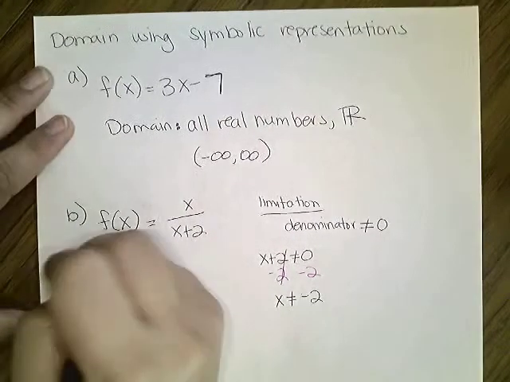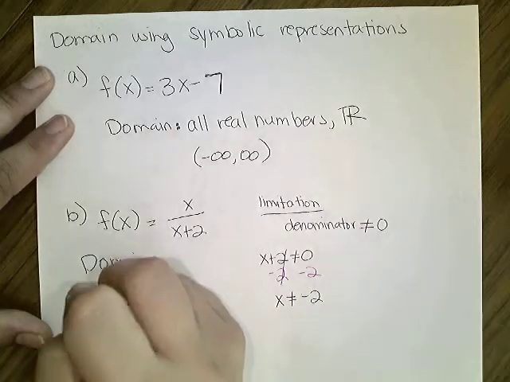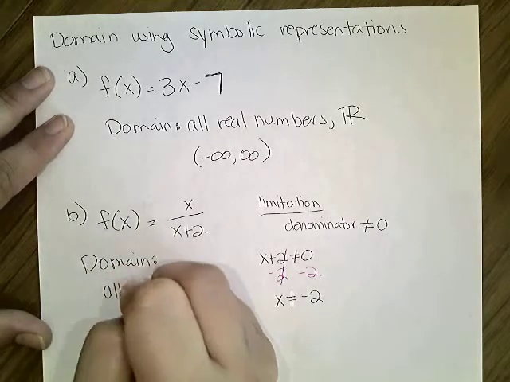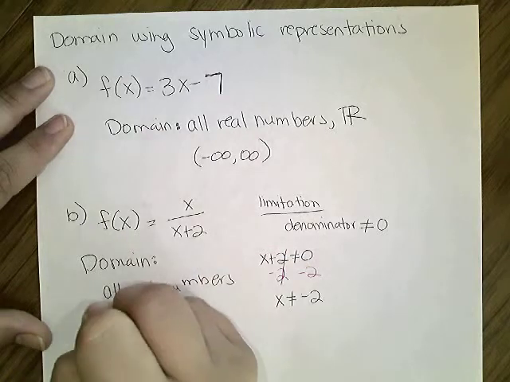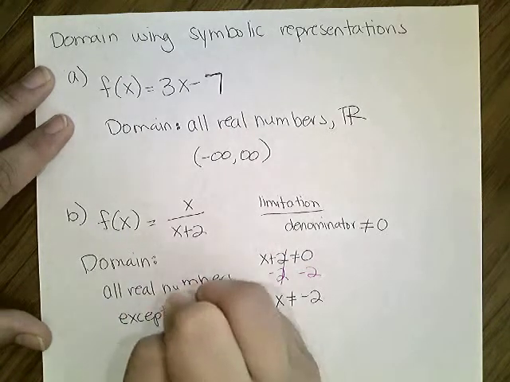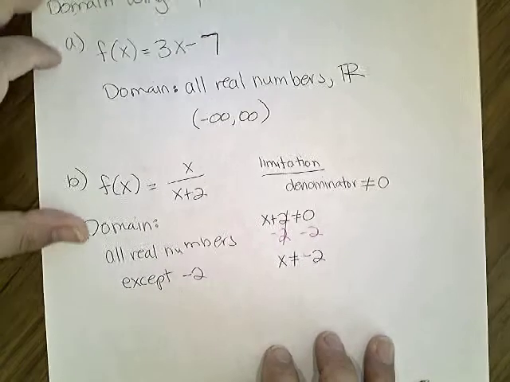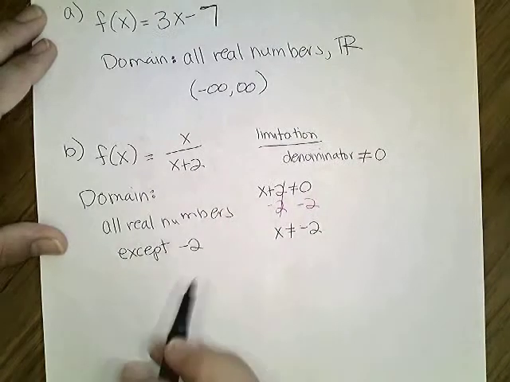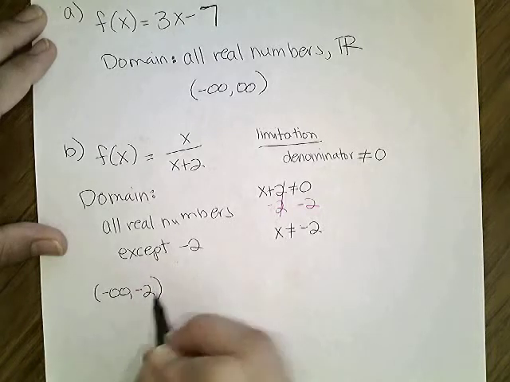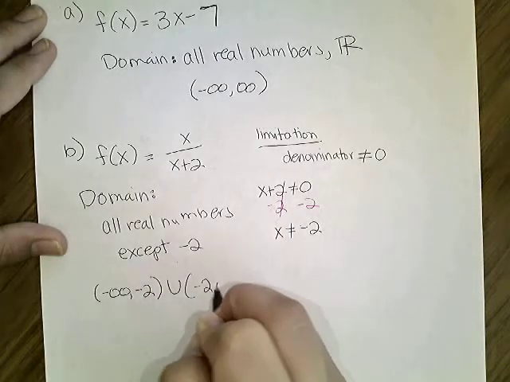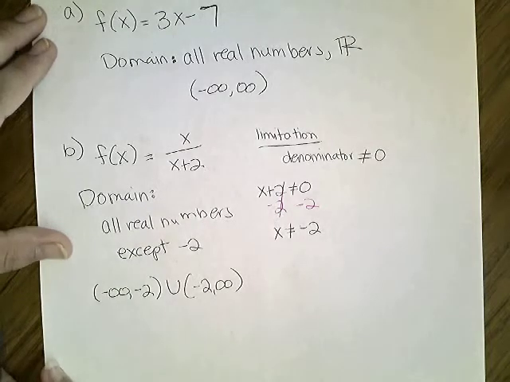So in this case, our domain, we can say it as all real numbers except negative 2. Later on, we're going to learn how to write this using interval notation, which says everything below negative 2, but not including it, and everything above negative 2. I'm going to talk more about the interval notation later.